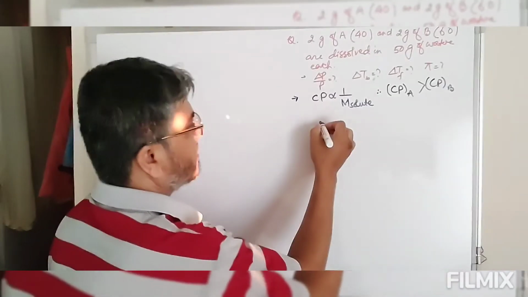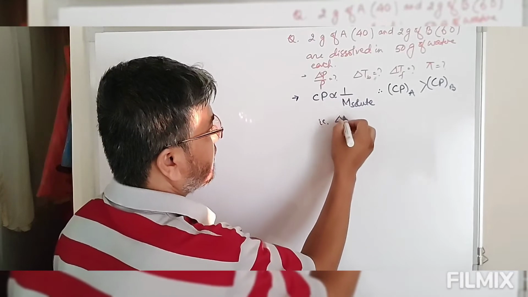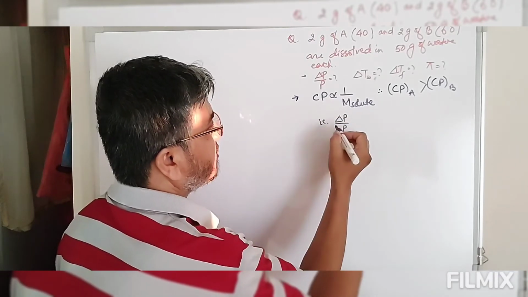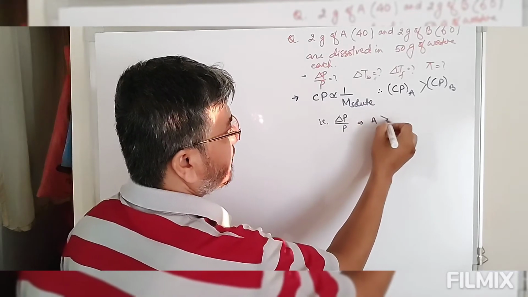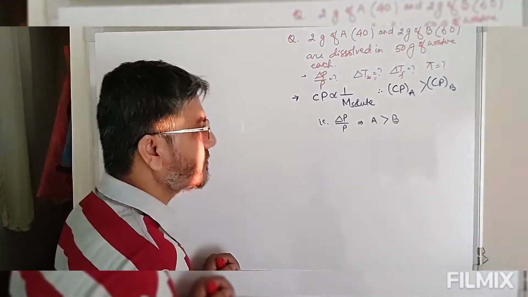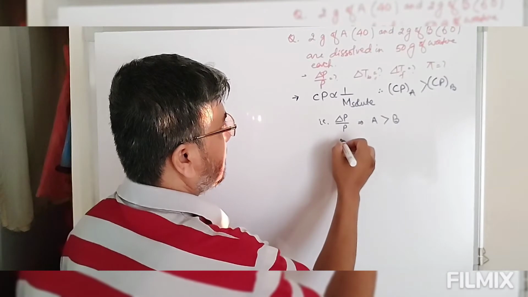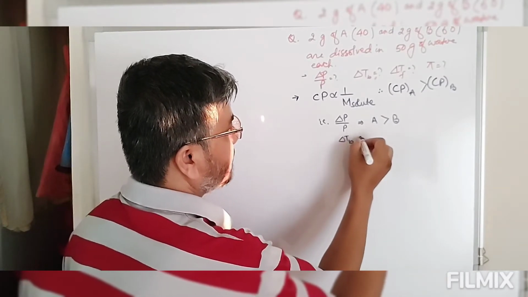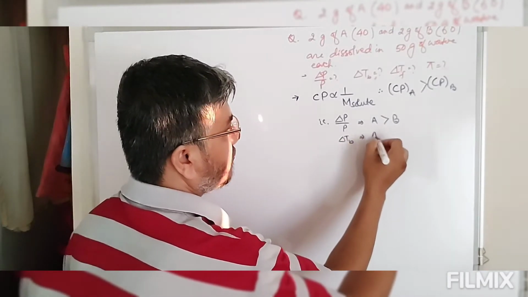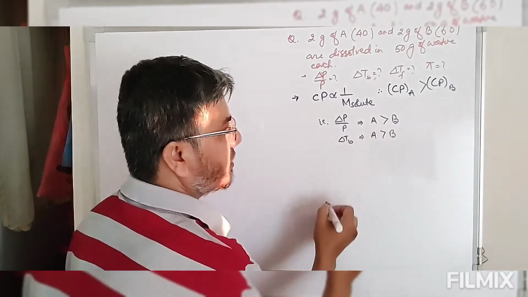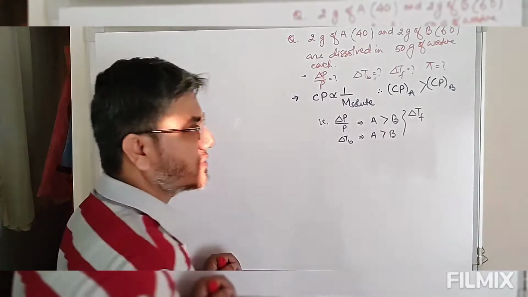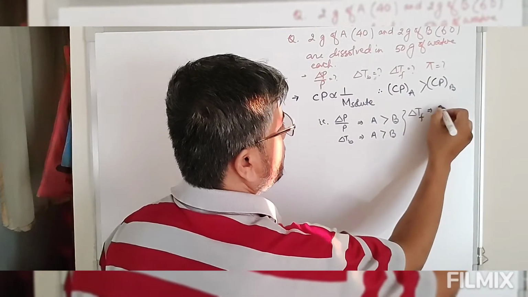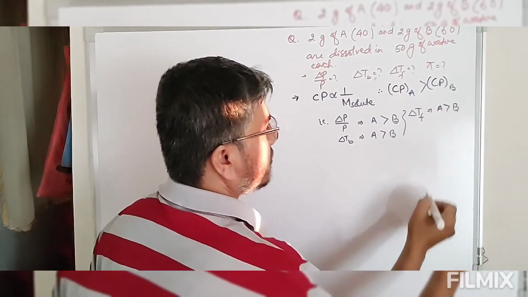So that means the relative lowering of vapor pressure of A will be greater than B. Delta TB, elevation in boiling point, will be more in case of A than B. More depression in freezing point will be produced for the A solution than the B solution.